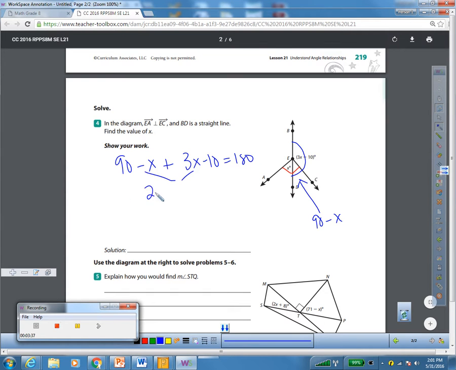That would give us 2x, and 90 minus 10 gives us 80. Then we're just going to solve it. We'd subtract 80 from both sides, and 2x equals 100. So when we divide by 2, x would be 50. And in this case, since it's an angle, this would be 50 degrees right here. Okay? All right, next.